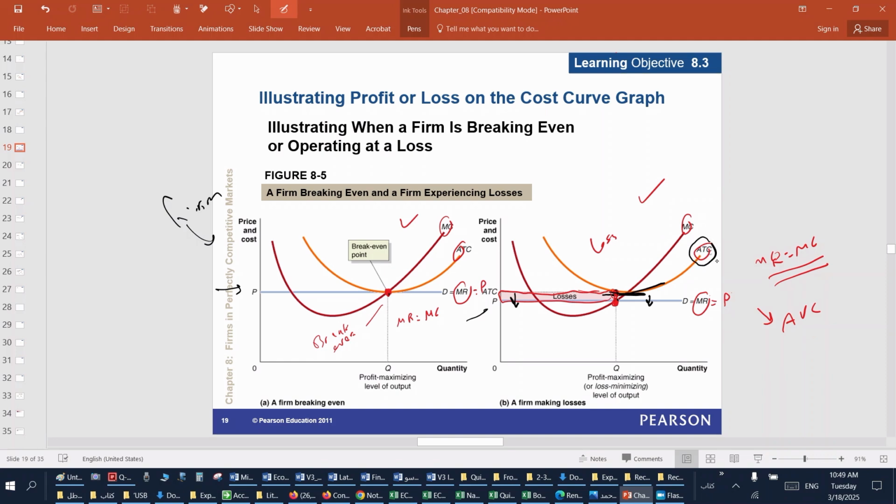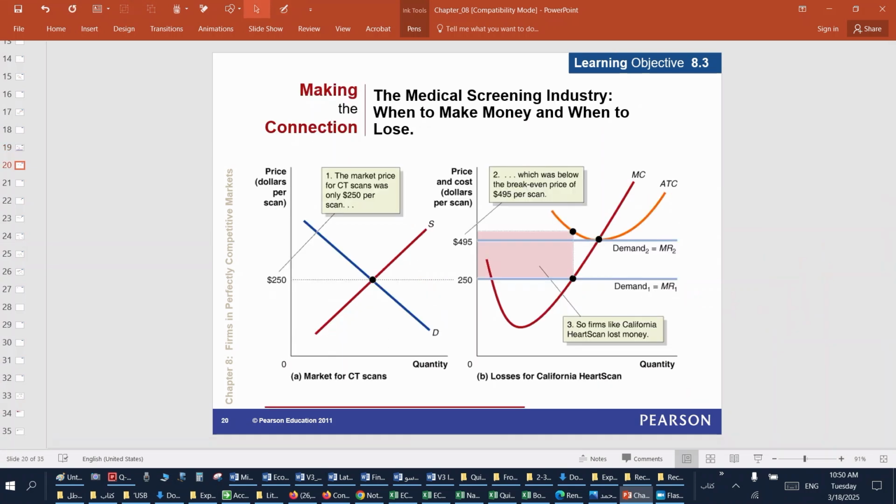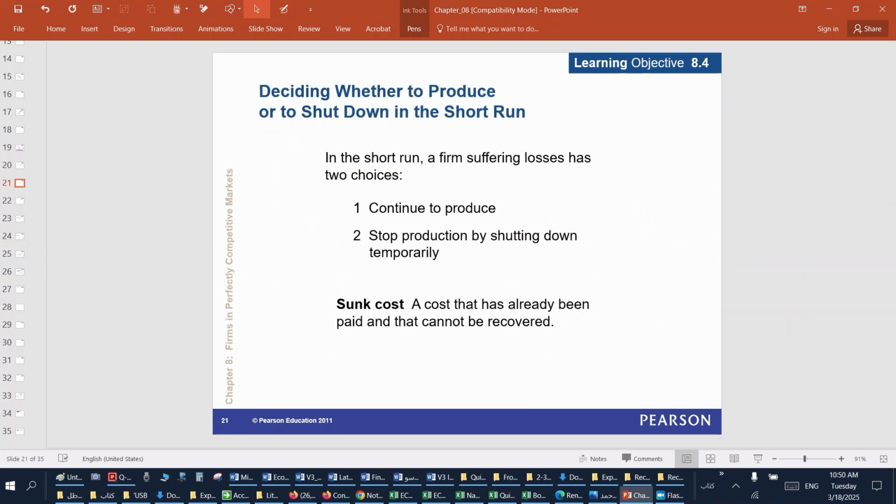Now we will show whether the company has to stop producing or it needs to get out of the market. To determine whether the company needs to get out of the market, we recall the curve of average variable cost. So we'll go back to our slides again.